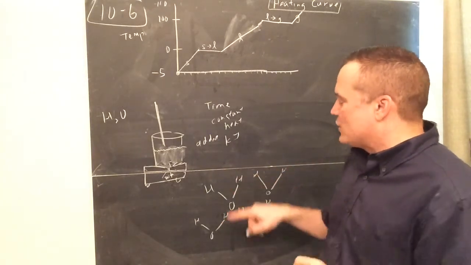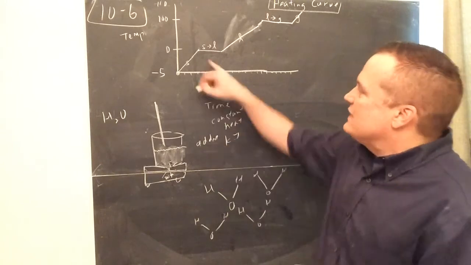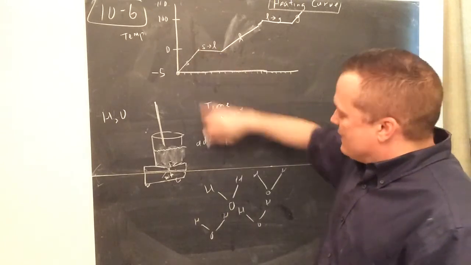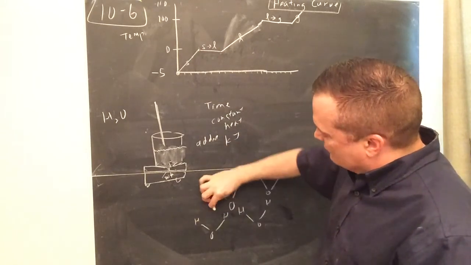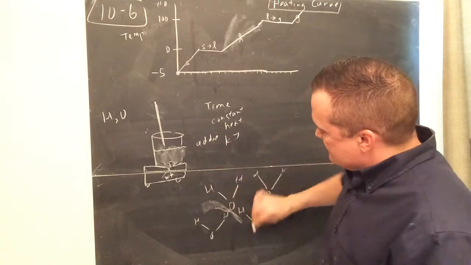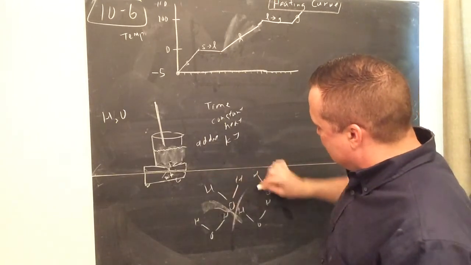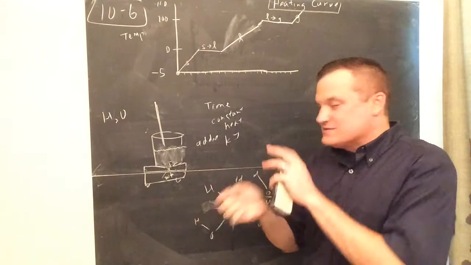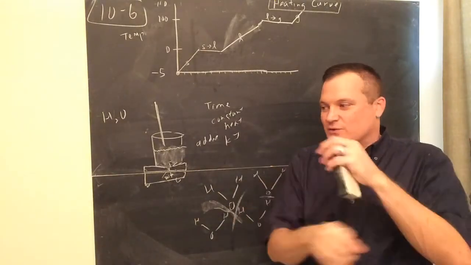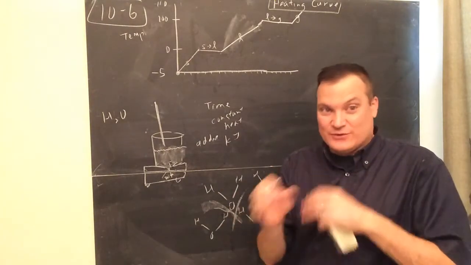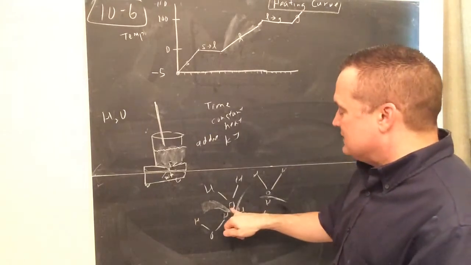So that's going to all be perfect in the ice. Well, when you get from there to there, you're weakening so much that they're leaving the crystal state. So that is being weakened, that's being weakened, that's being weakened. And now these molecules can just swirl around and move around and through each other. They're not locked into place anymore.